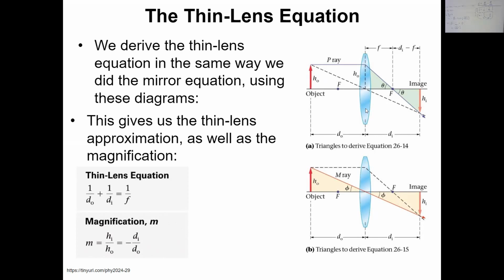I'm not going to do that here, but basically you'll get the same equation. This is called the lens equation, but it's the same as the mirror equation: 1 over DO plus 1 over DI equals 1 over F. And then magnification equals the height of the image divided by the height of the object, which equals minus DI over DO. Okay.